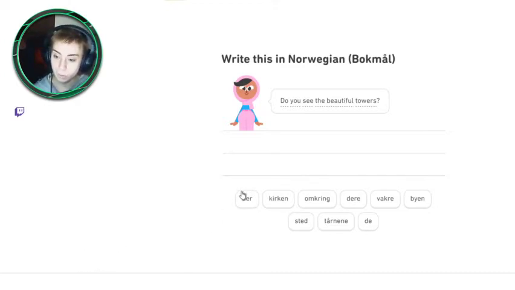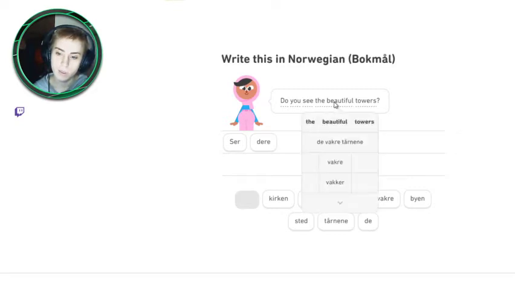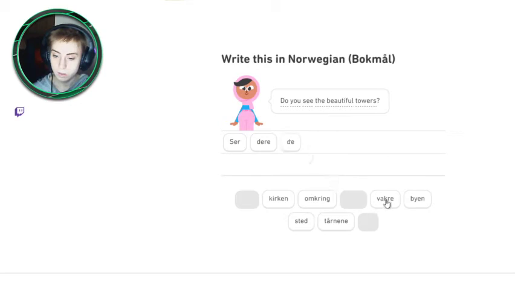Do you see the beautiful towers? Ser du? Ser. There's no option for "do," so it's "dere," so we're talking to a group of people. Dere. Beautiful. I don't know any of the words. Okay, so it's "de" because it's plural. De vakre.